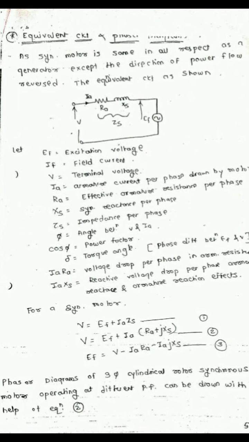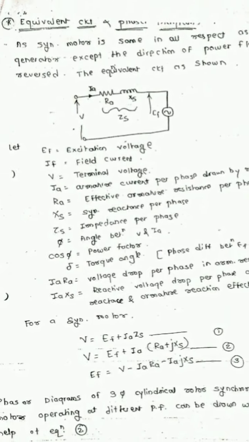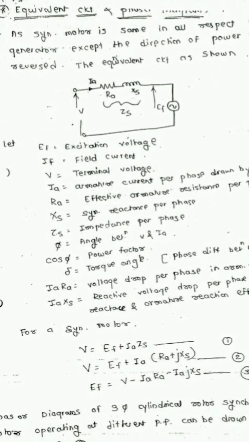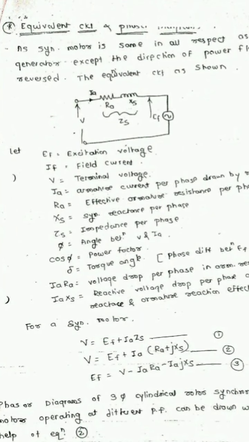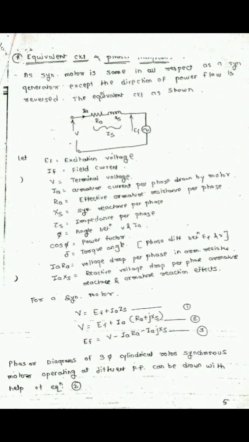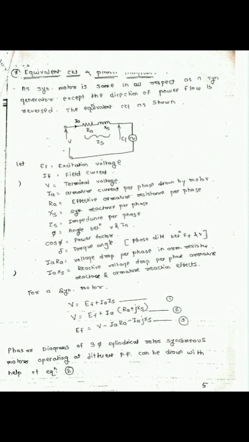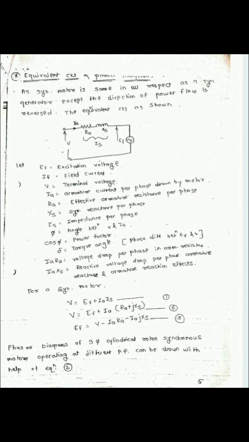This is the equivalent circuit of a 3-phase synchronous motor, which contains the excitation voltage, the terminal voltage, the armature current, and the synchronous impedance. The impedance is the addition of resistance plus reactance, the current flowing through the armature circuit is IA, and the field current is IF.